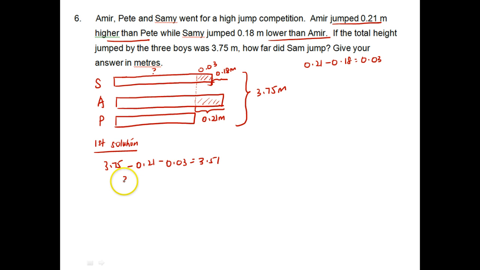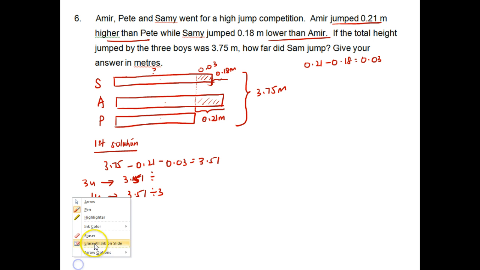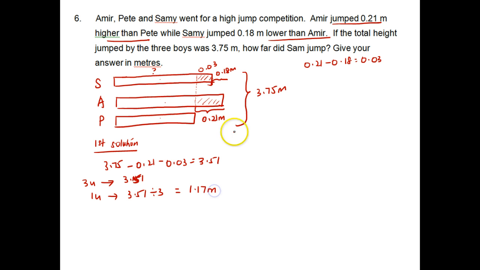So 3.51 is my 1, 2, 3 units. So 3 units is 3.51. 1 unit will be 3.51 divided by 3, which is 1.17 meter.